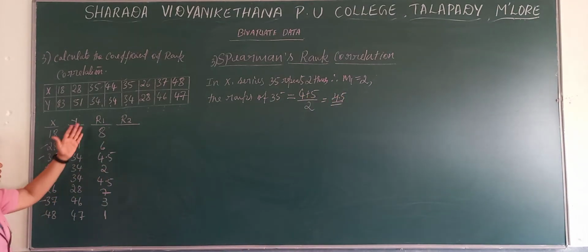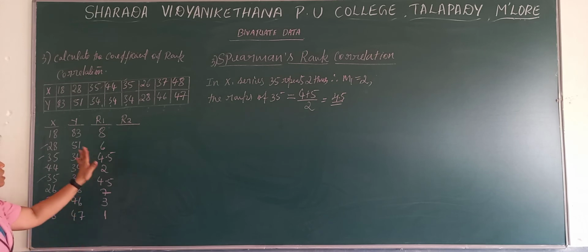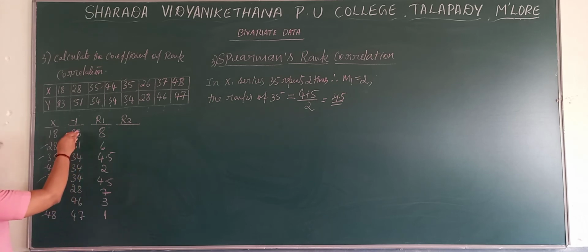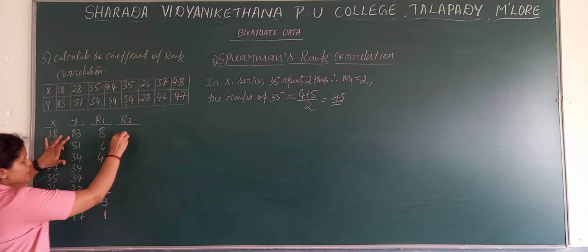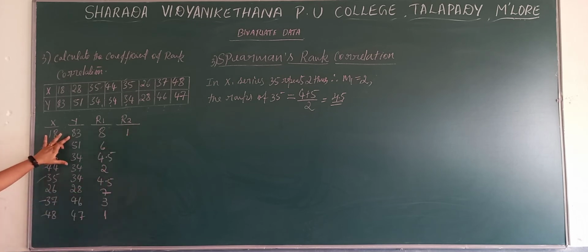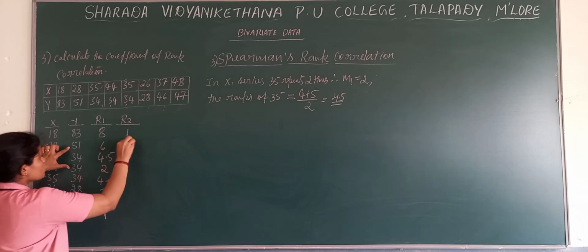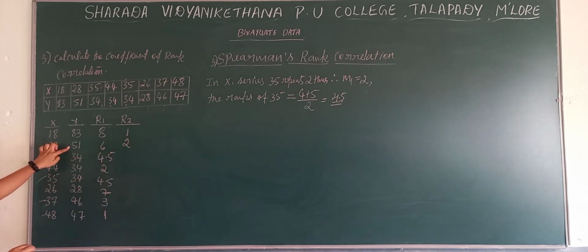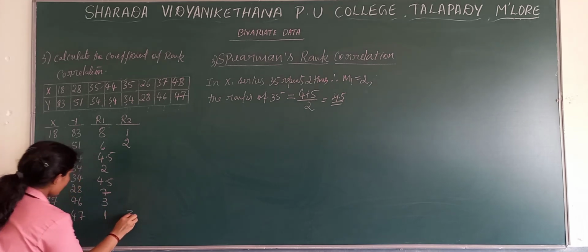Next, sixth, seventh, eighth. Now see the Y series. Here the largest value is 83, rank 1. Next largest we have 51, rank 2. After 51 we have 47 as third rank.